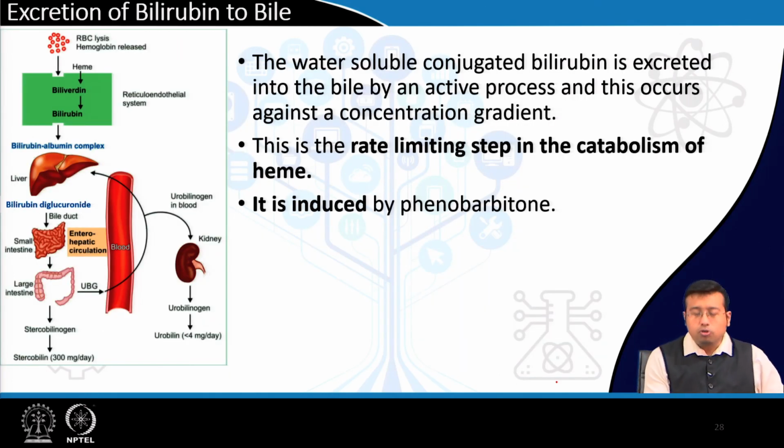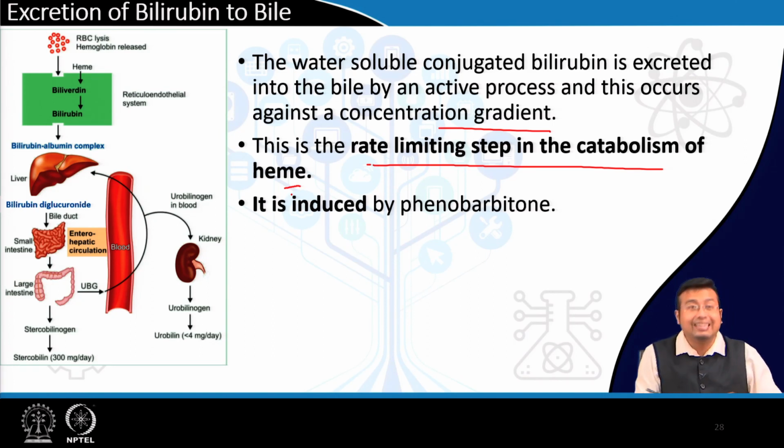Now, the water soluble conjugated bilirubin is excreted into the bile by an active process, and this occurs against a concentration gradient, right. And this is the rate limiting step in the catabolism of heme, okay. And this step is induced and increased by phenobarbital.